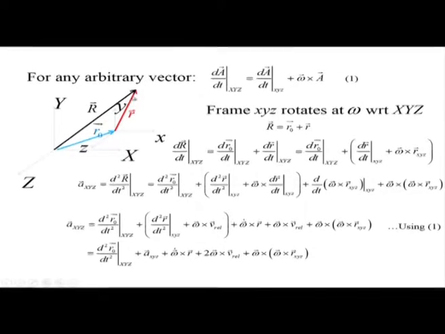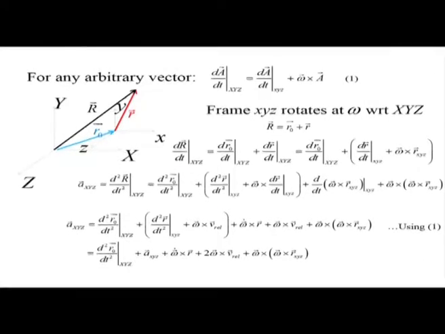So there is a vector, this red colored vector r is the position vector in small xyz, and with respect to capital XYZ it is capital R, and the position vector which specifies the origin of the small xyz coordinate system with respect to the origin of the capital XYZ coordinate system is R naught, okay.